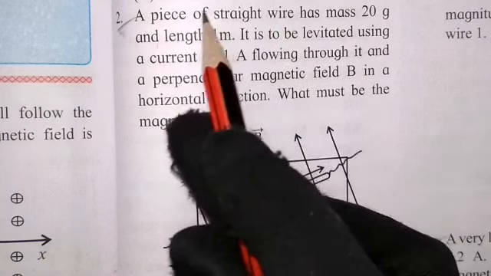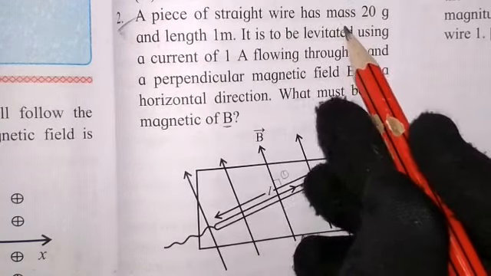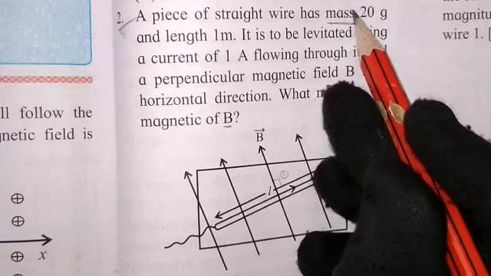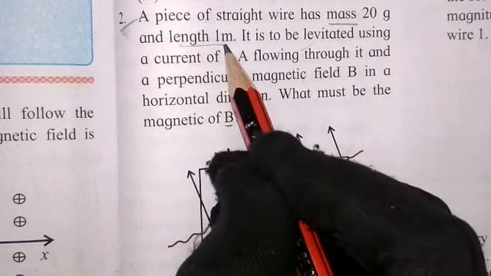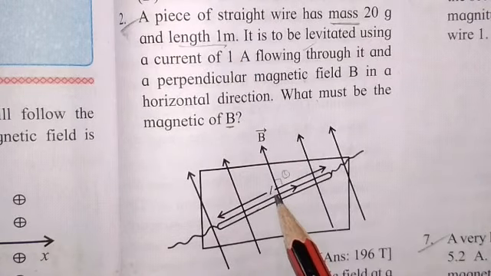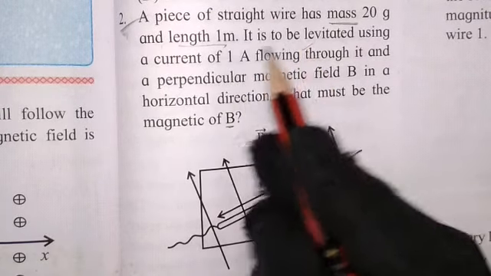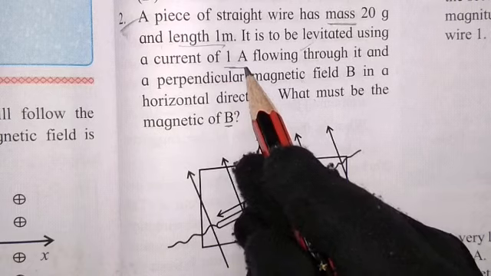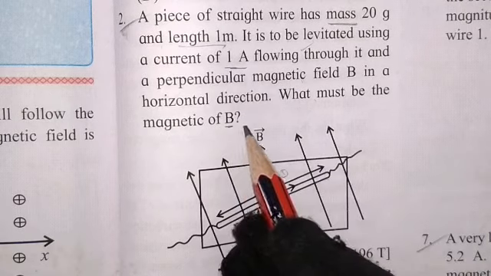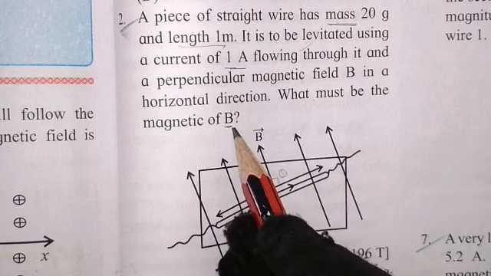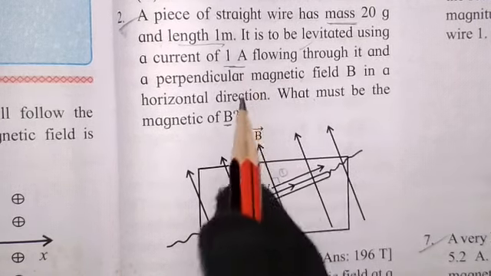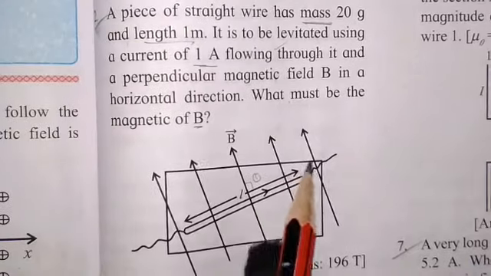A piece of straight wire mass is given, that is small m, length that is small l is given, then current that is I is given, and we have to determine magnetic field B. So this is the question. Now let's see the solution for the same.